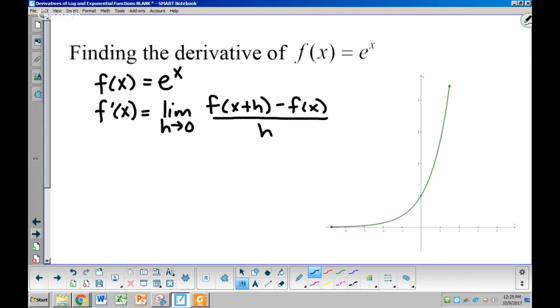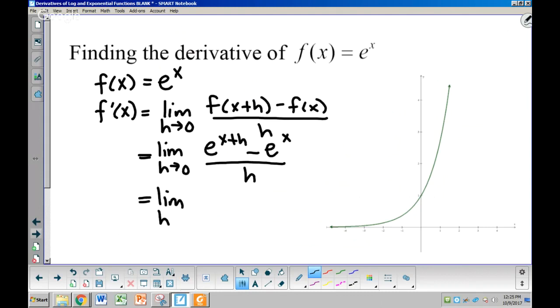All right, so now we're going to plug in our values here. The limit as h goes to 0 of, now what do the instructions tell us to do here? Plug x plus h in for x, so we're going to get e to the x plus h minus, what's f of x? E to the x, all over h. The limit as h goes to 0.